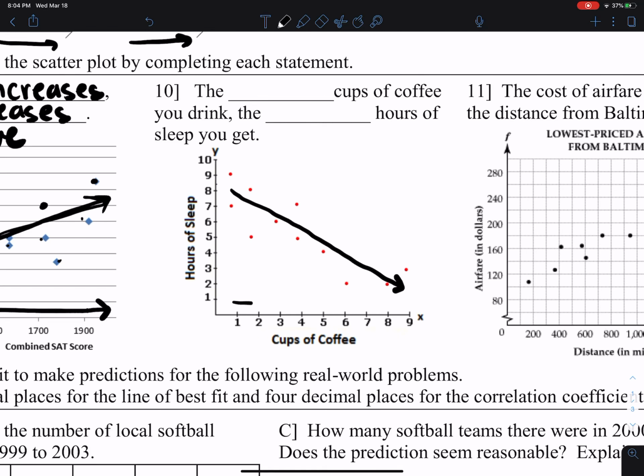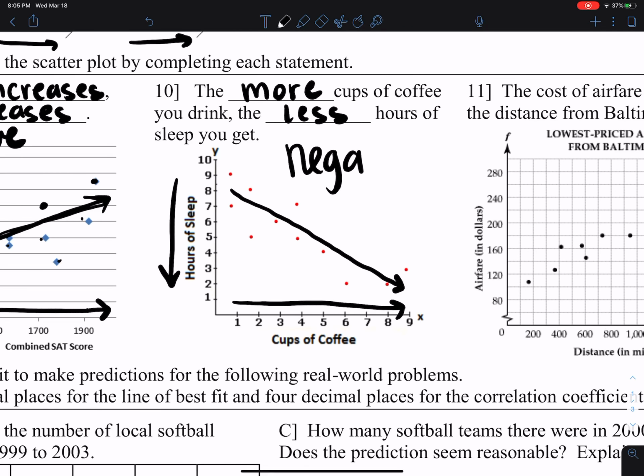So as the number of cups of coffee increases, do you get more sleep or do you get less sleep? The more cups of coffee you drink, the less hours of sleep you get, because that's what it means to have a negative trend or a negative correlation.